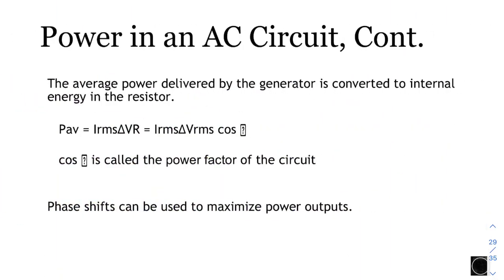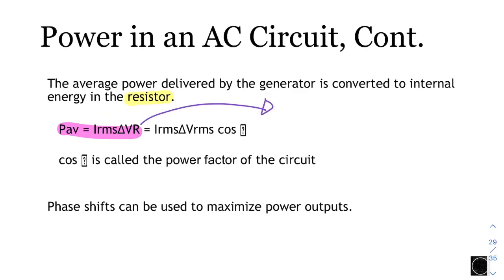Then power in an AC circuit only comes from the resistor. The resistor is the one causing the circuit to lose energy in terms of heat. So average power is equivalent to IV, which is within the resistor.